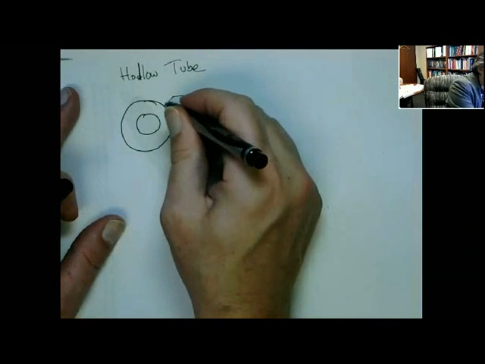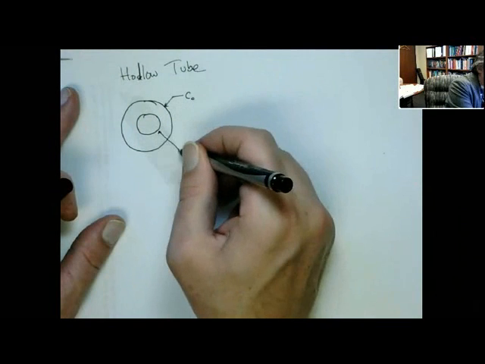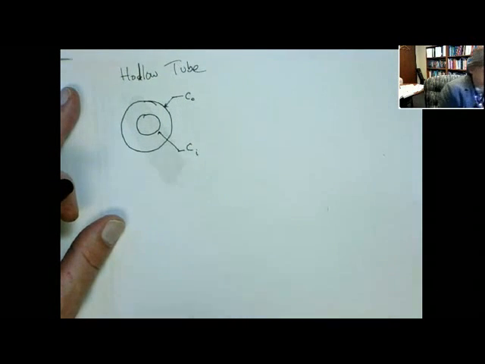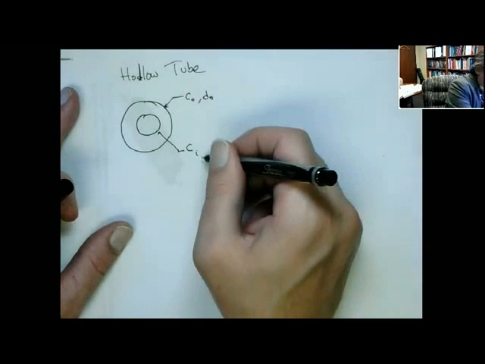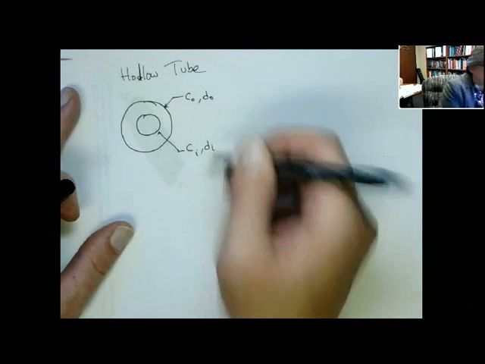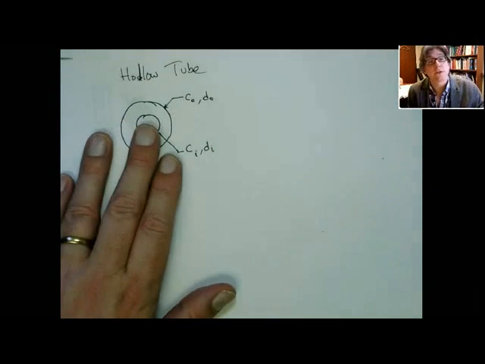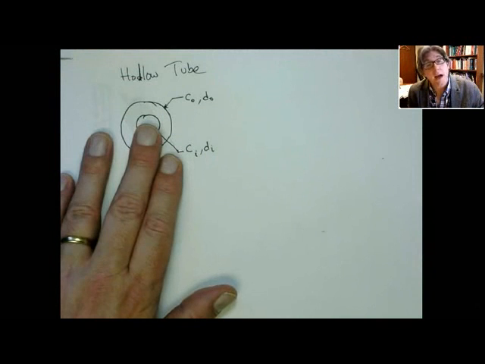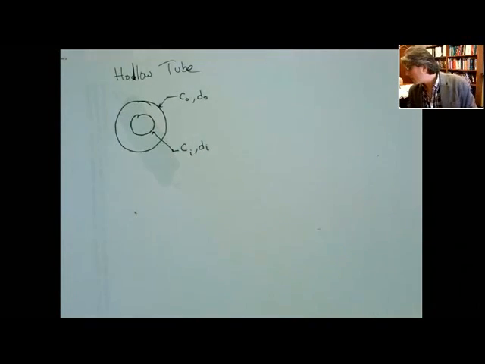So now I have an outer radius and inner radius. But really, let's deal with the diameter. The outer diameter, that's usually what you see. One way is you can do the same integral and just integrate from c_i to c_o. But let's do a different approach, and actually we use this a lot more when we do beams.